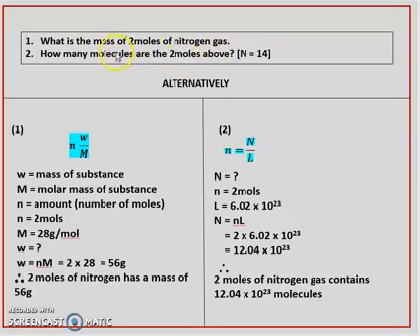So molecules is what we are looking for. That means particles. We are looking for N. So from this formula, making capital N the subject of the formula, you have capital N equals small n, the amount, times L. So we have 2 from here times 6.02 times 10 raised to the power 23, which will give you this. Therefore, 2 moles of nitrogen will contain this. Okay? You can also use this formula method if you choose.